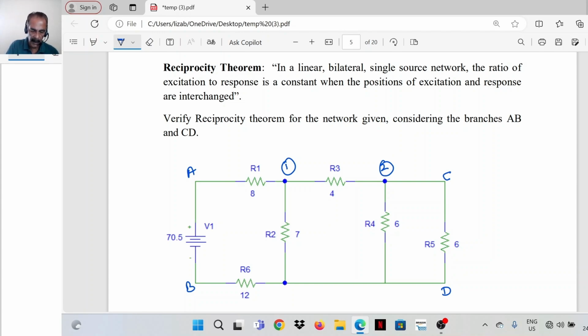Here we are considering the excitation in branch AB, a 70.5 volt voltage source, and we are considering the response in branch CD, that is, connect an ammeter here. What is the response in branch CD due to the excitation in branch AB?